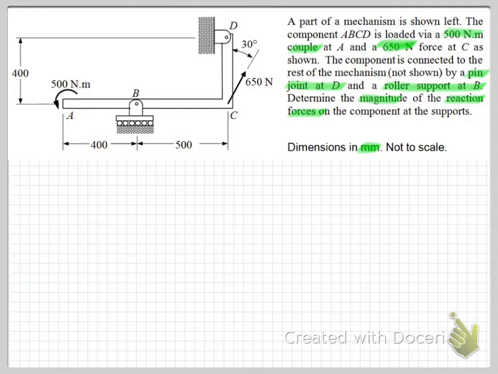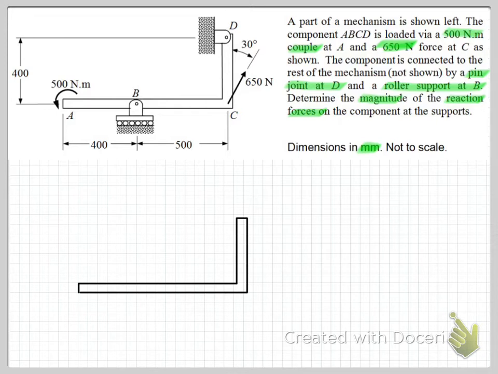Okay, so the first step in our rigid body equilibrium problem solving is to draw the free body diagram. We start out by drawing just a simple representation of the external boundaries of the body we're analysing. In this case it's a fairly simple shape that we need to draw.